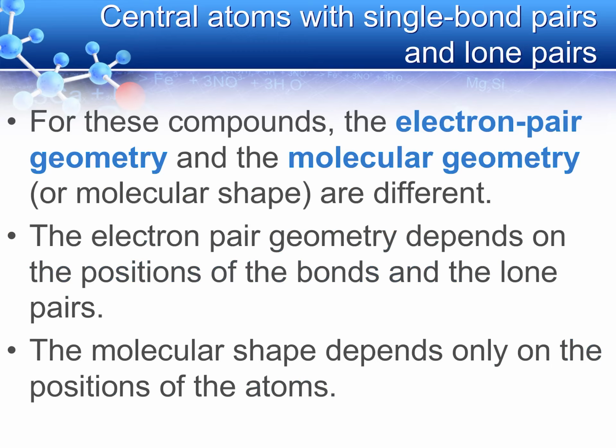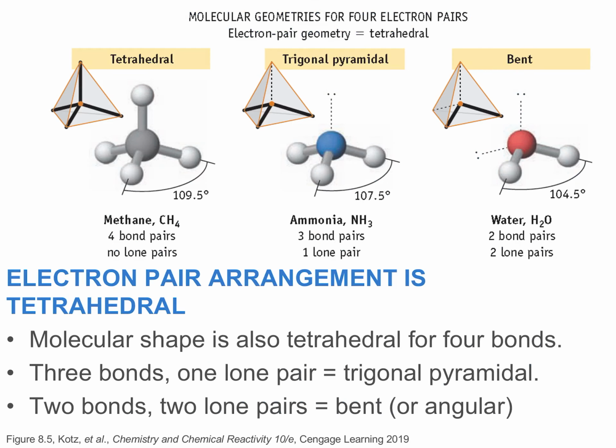But if we have central atoms with single bonds and lone pairs, then the electron pair geometry and the molecular geometry, or molecular shape, are going to be different. So the electron pair geometry depends on the positions of the bonds and the lone pairs, but the molecular shape depends only on the positions of the atoms.